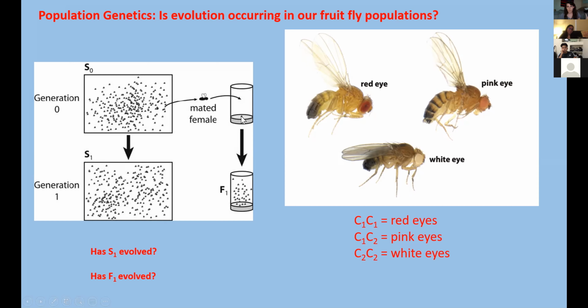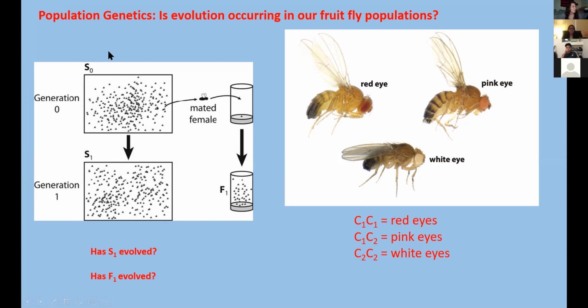And she gives birth to babies. And then they end up in this F1 generation. So this is from that larger population: you have one female pulled out who was already mated, and then these are her offspring, or her offspring's offspring, but they come from her.